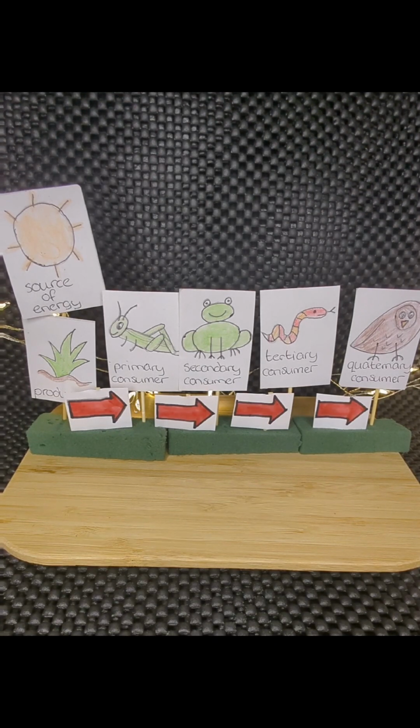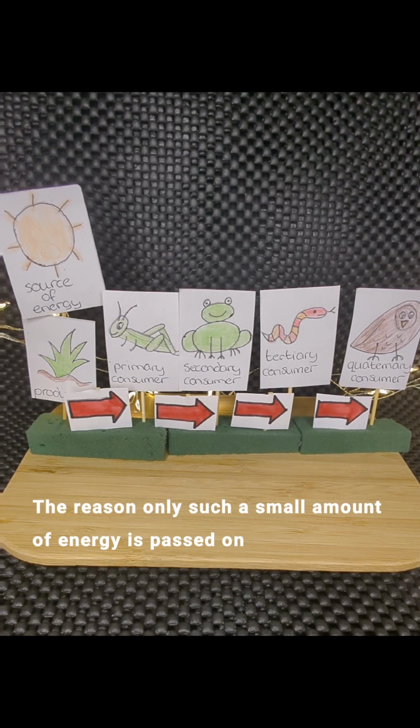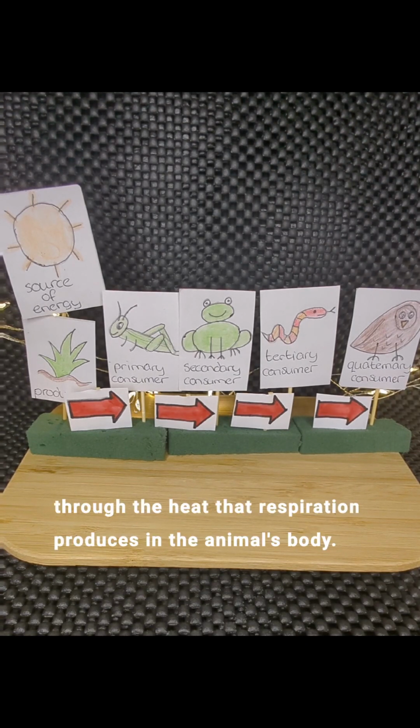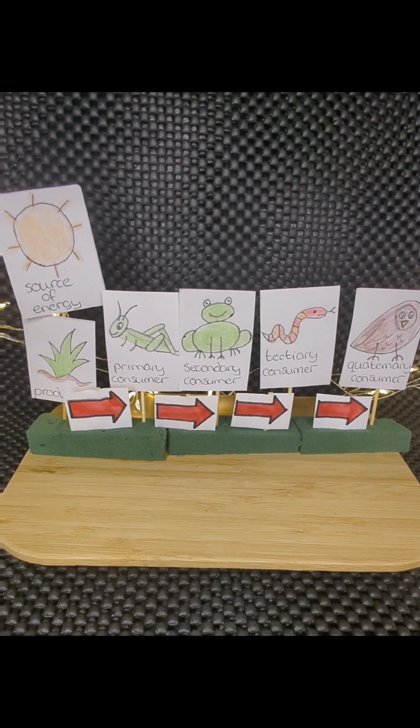The reason only such a small amount of energy is passed on is because most of the time the living organism doesn't eat all of the body of the living organism it's consuming. Some is lost through respiration, through the heat that respiration produces in the animal's body. Some of it is used for movement, and some of it is through egestion, which is pooping.